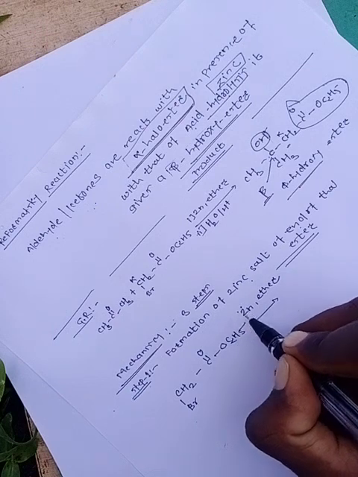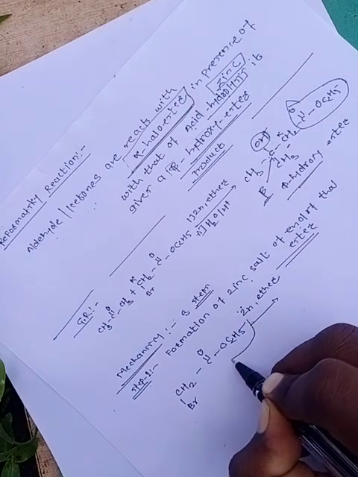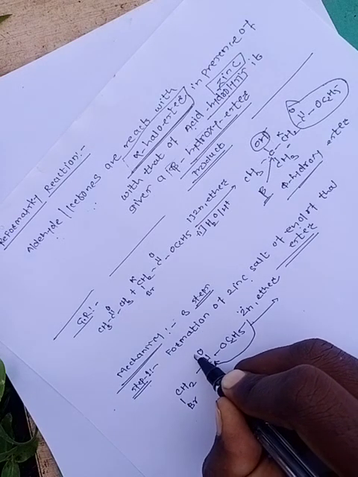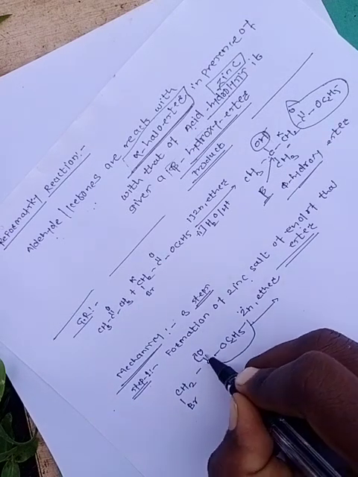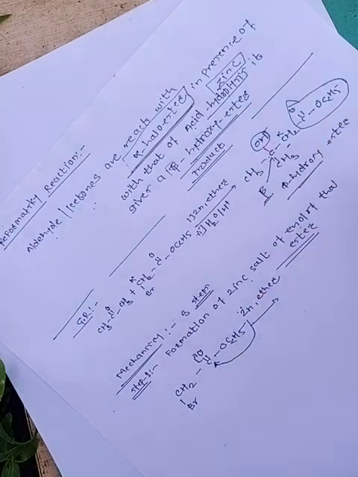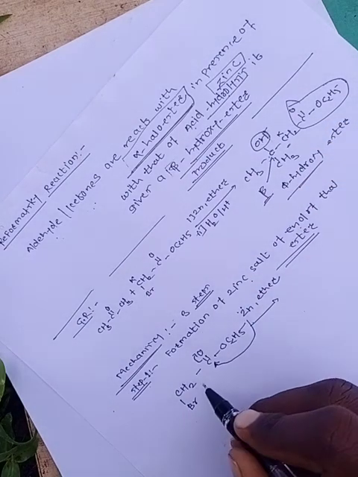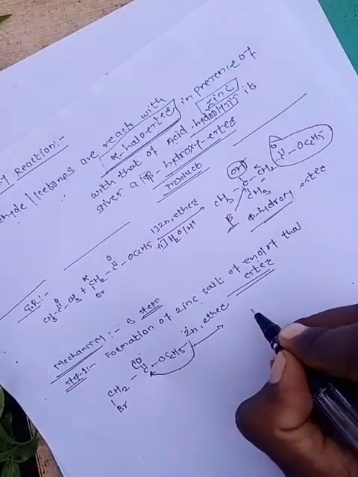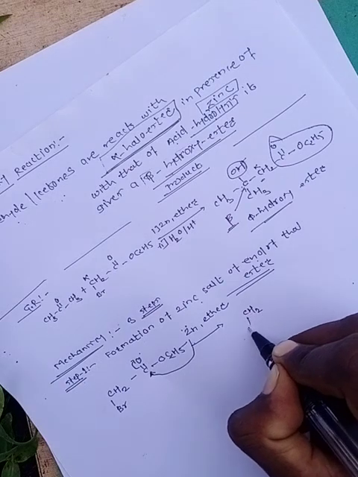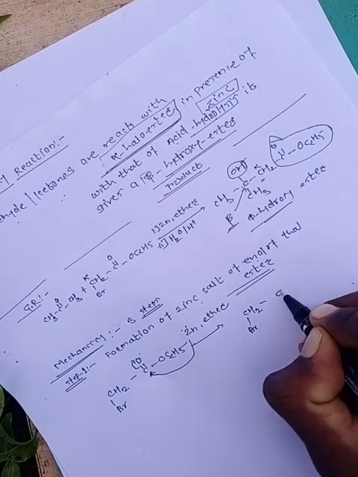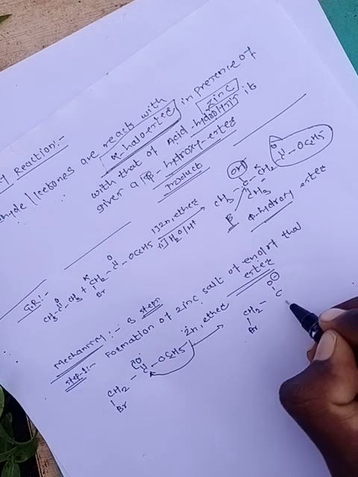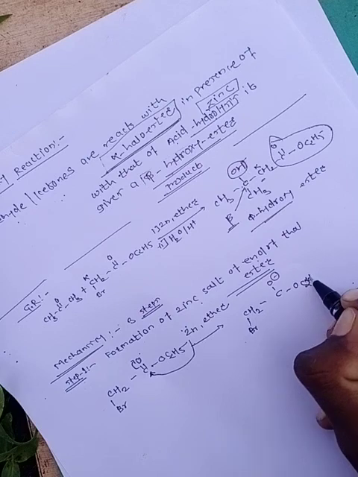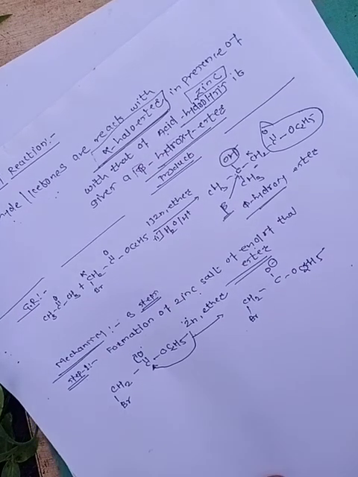Our zinc attacks the carbonyl carbon, and at that time the carbonyl oxygen double bond gets shifted, and here the O minus, this anion, is produced, and the remaining part of the molecule is as it is.